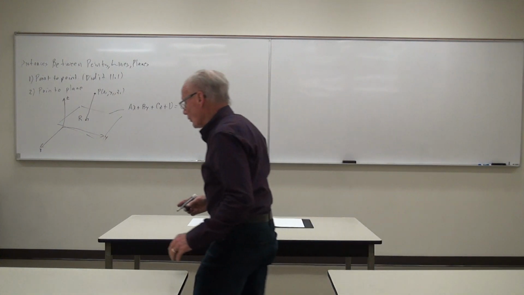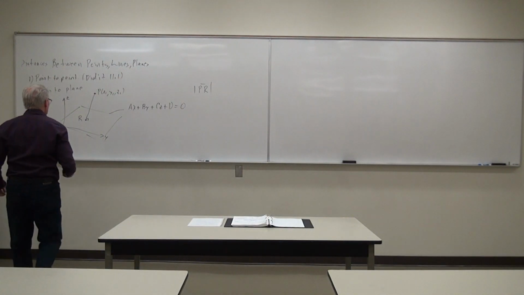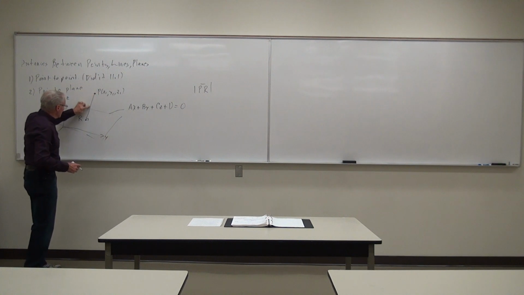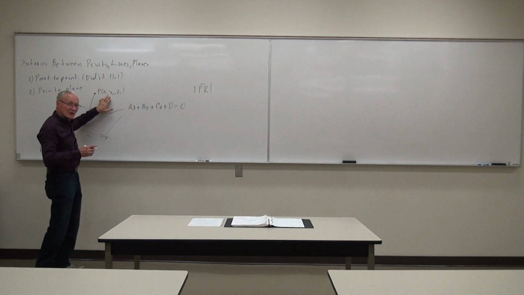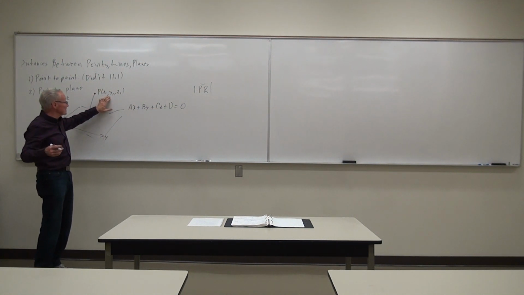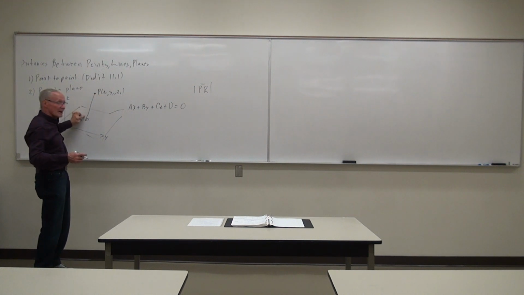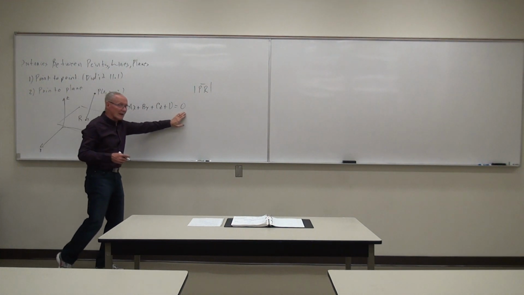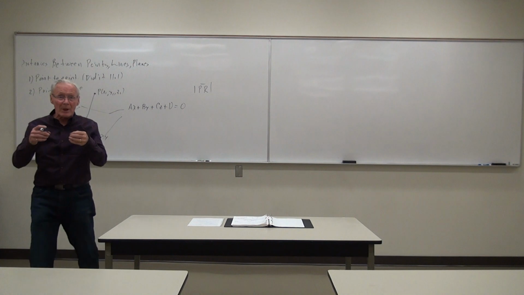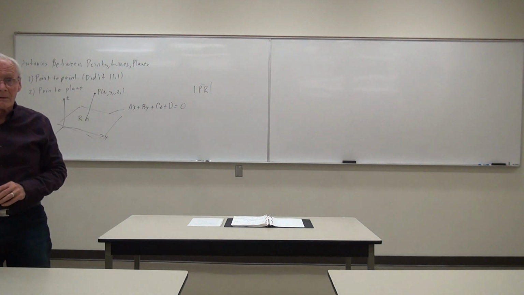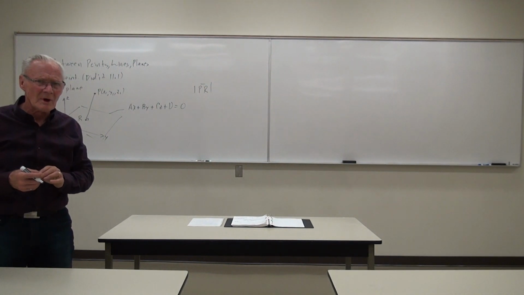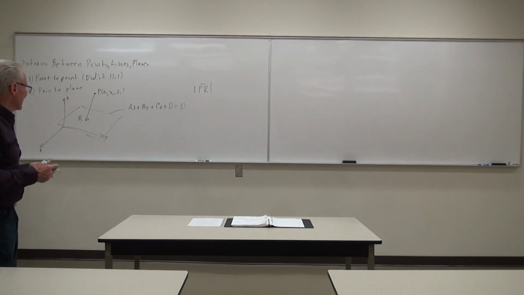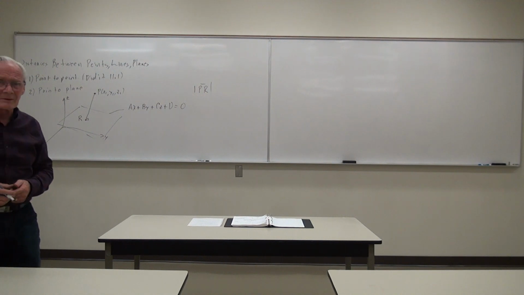The way you could do it is find parametric equations for this line, because a vector along it is ABC, and a point on it is this. I could put them together with the plane and find the point of intersection of the plane and the line. Then I'd have the coordinates of R. That you could do. I don't want to. I want to generate a formula so I don't have to keep doing that over and over again.